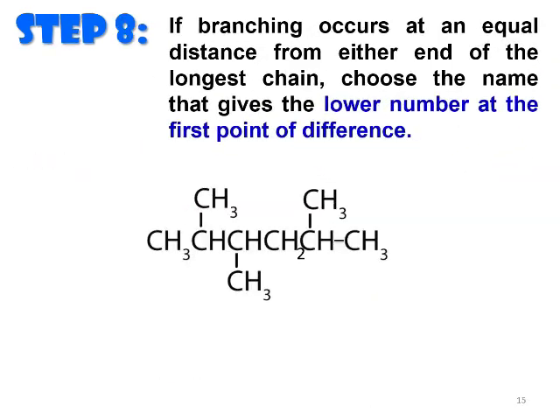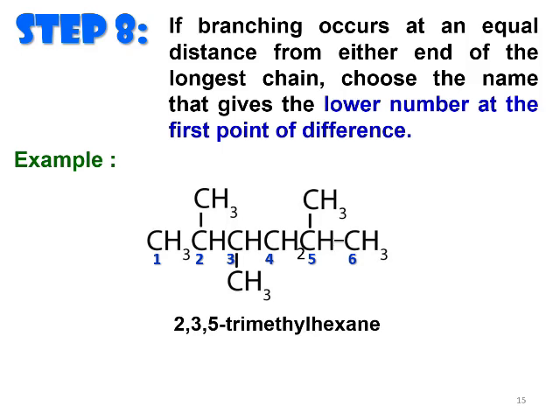Step number 8. If the branching occurs at an equal distance from either end of the longest chain, choose the name that gives the lower number at the first point of difference. If we count from the left, the substituents are at carbon numbers 2, 3, and 5, and the name is 2,3,5-trimethylhexane.